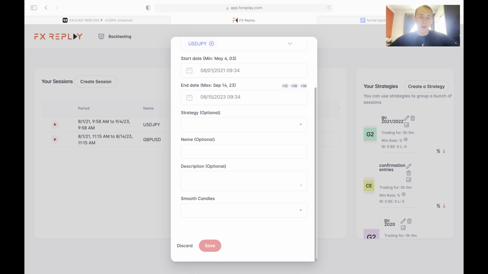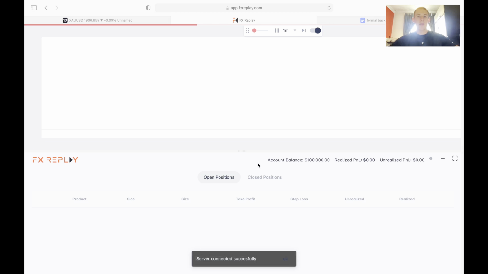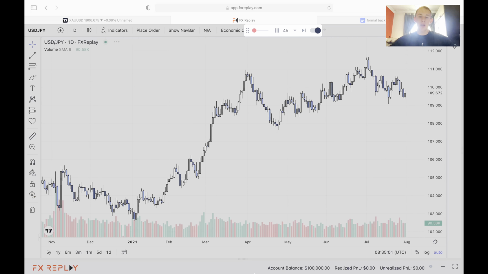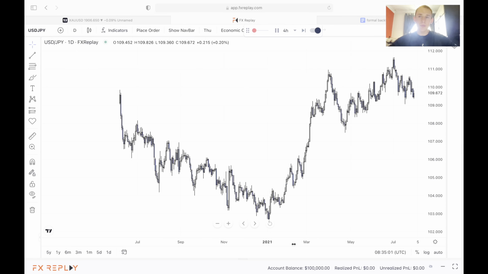Name, you can choose whatever to put there. So if we do that, click play, and then it basically loads up this screen. Very similar, almost identical, well, in fact is identical to TradingView.